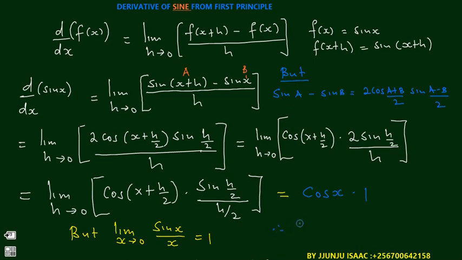Therefore, the derivative of sine x is given by cos x. So that is how we get the derivative of sine from first principle.